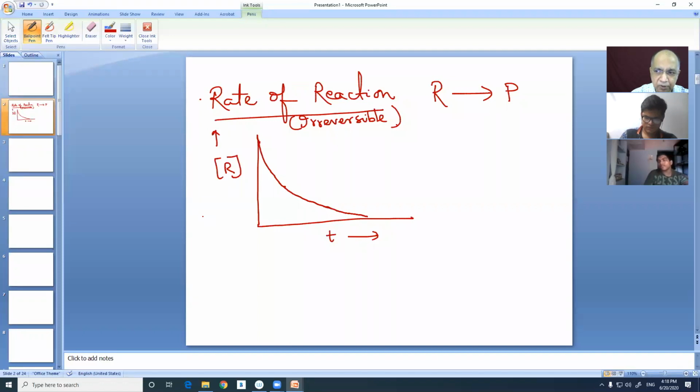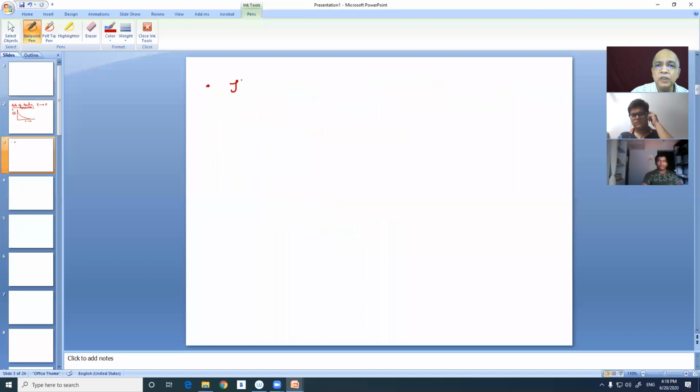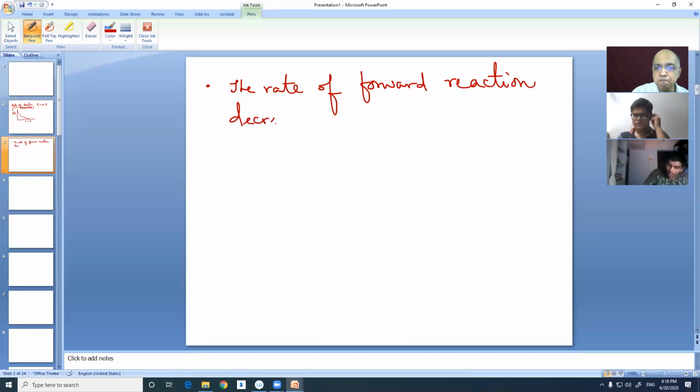But interestingly, the rate of reaction decreases. Well, I say rate, I mean the rate of forward reaction or the rate of the reversible reaction. So before we forget that, let us write down the rate of forward reaction decreases with time.